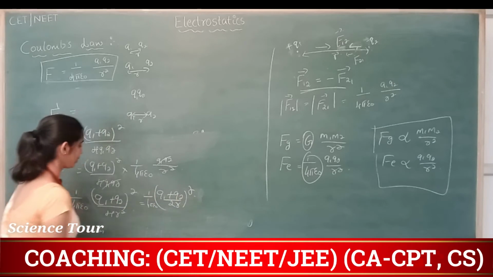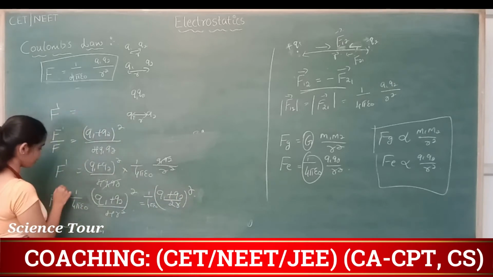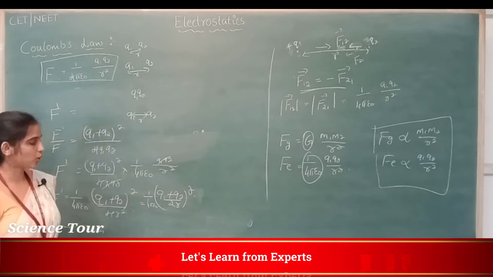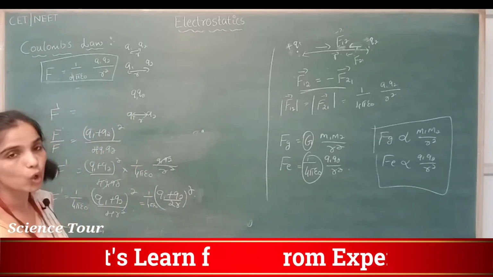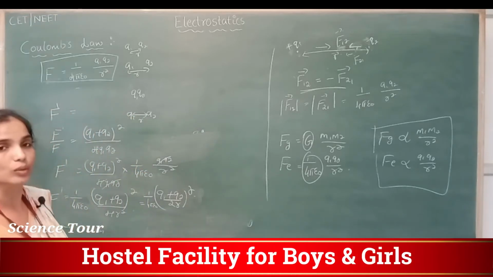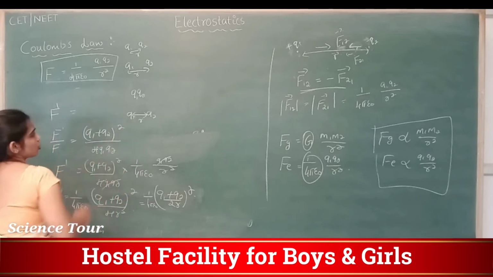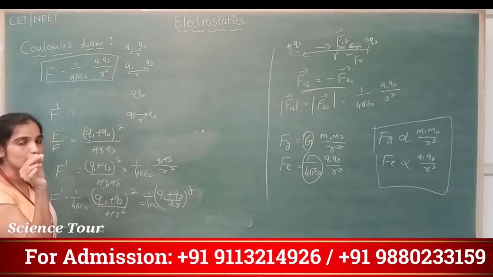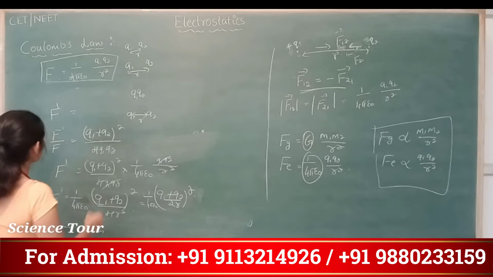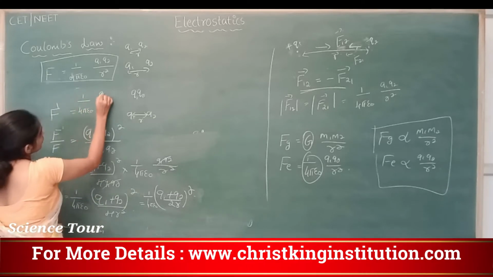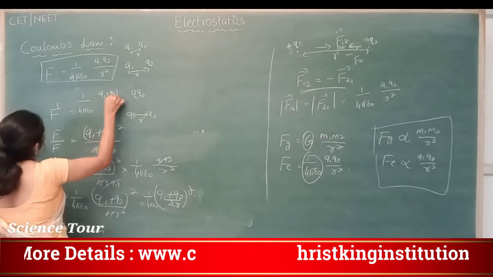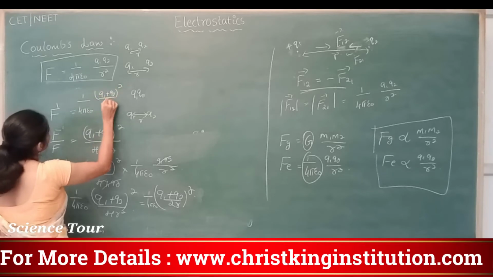So this will be your F dash: 1 by 4 pi epsilon naught Q1 plus Q2 by 2r whole square. So this is the force when they are brought in contact and separated again.